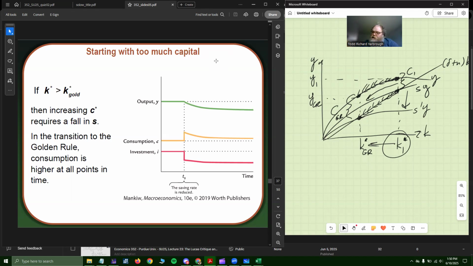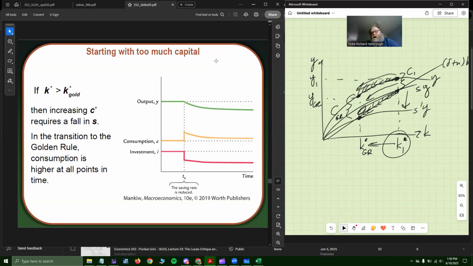Right, and you can see, as we move here versus as we move here, it's at a steeper place. So that's why consumption goes up and then starts to decline, although it stays higher than it was before. That makes sense because we were not at golden rule before, but it gets initially higher and then it declines.